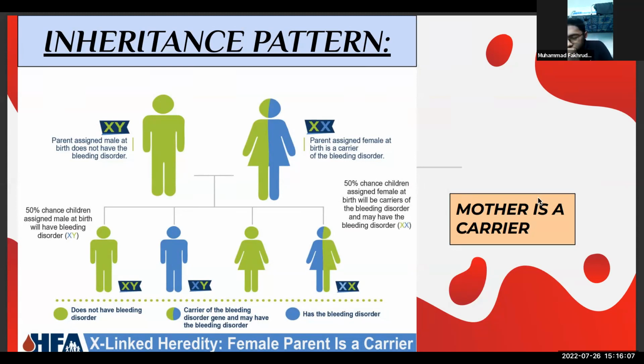Overall, from this situation, the possibility to get hemophilia children is 25%, and the carrier is 25% too, and the healthy or normal children is 50%. Okay, next slide.